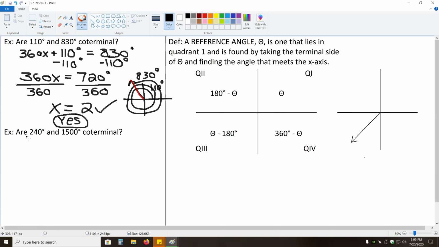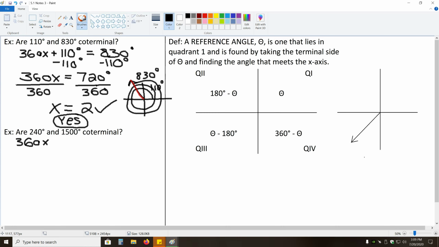Okay, so from here we now have 240 degrees and 1,500 degrees. We want to decide if they're coterminal, and feel free to use a calculator on this problem, just to save yourself some time. Go ahead and pause the video and try this out. Okay, so trying this together, we have 360x.